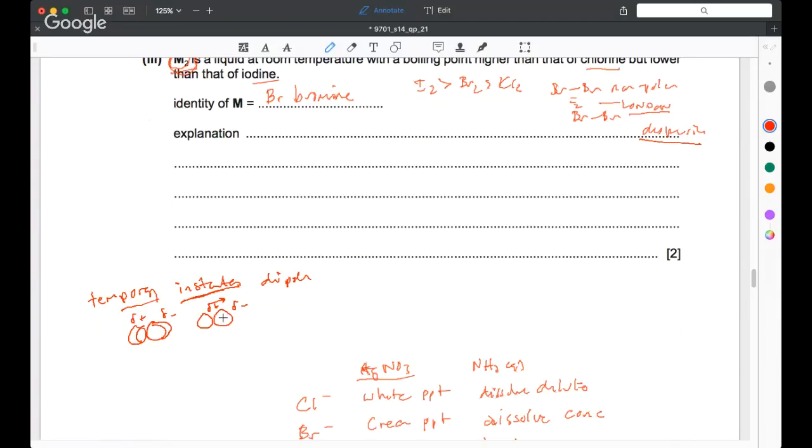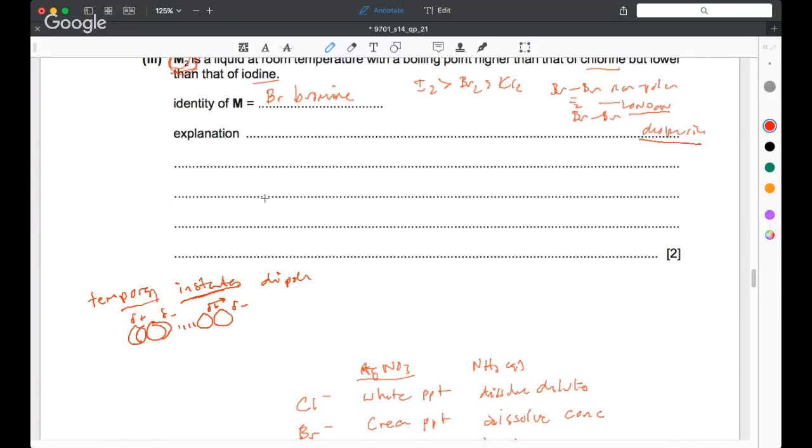And just for that fleeting instant, when there was a temporary dipole here, and the induced dipole in the neighboring molecule, then you'll get just for a moment these dispersion forces, or this London force, this intermolecular force. And that's sufficient to have overall a small or a weak intermolecular force between different molecules.